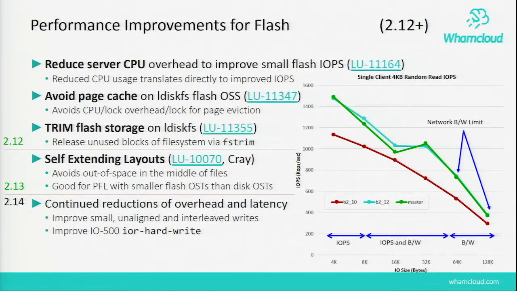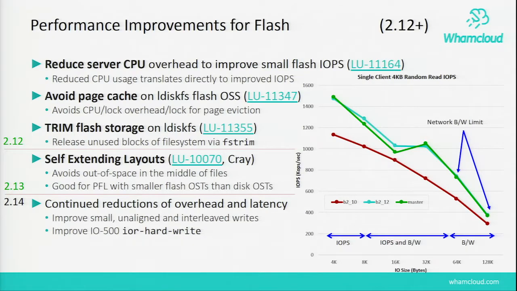One of the interesting features that isn't directly related to the performance, the self-extending layouts, was developed by Cray, and it allows you to handle OSTs that are quite different in size, right? Typically the Flash OSTs are much smaller, but they're more likely to run out of space quickly.